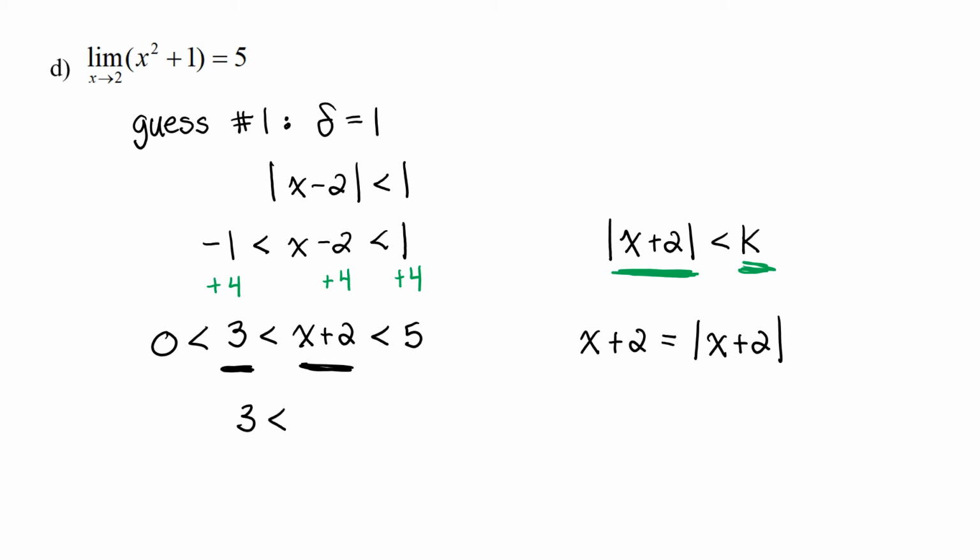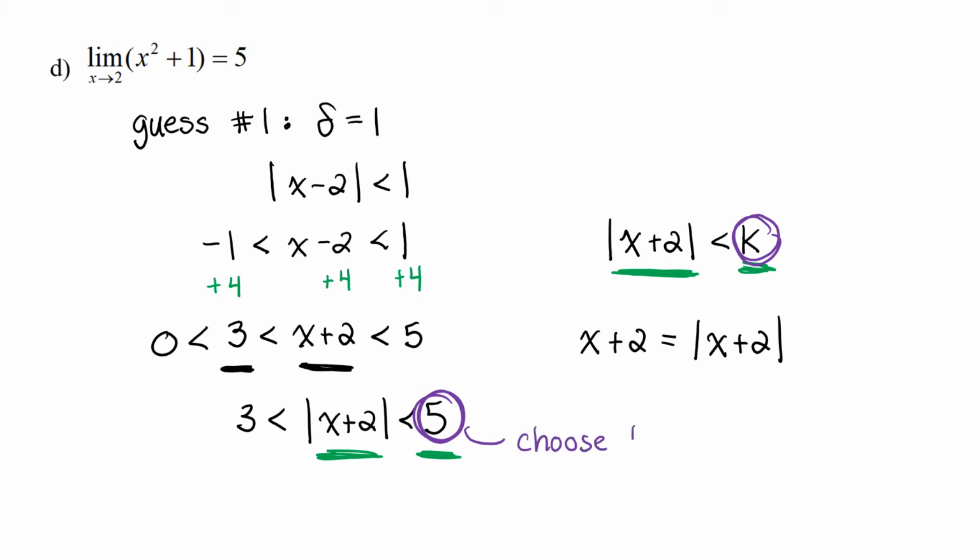So we have 3 is less than the absolute value of x plus 2 is less than 5. So now we have an x plus 2 is less than something. So that means that we can let or choose k is equal to 5. And that should still make our relationship true. We'll just have to double check it first.